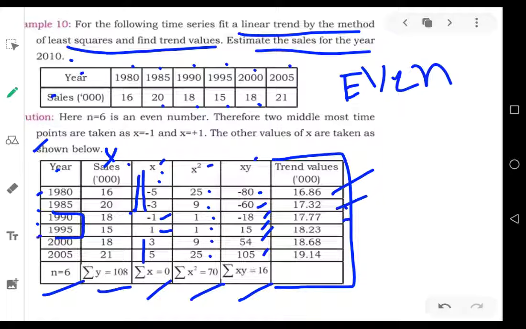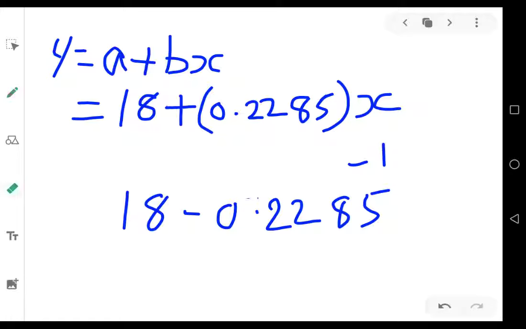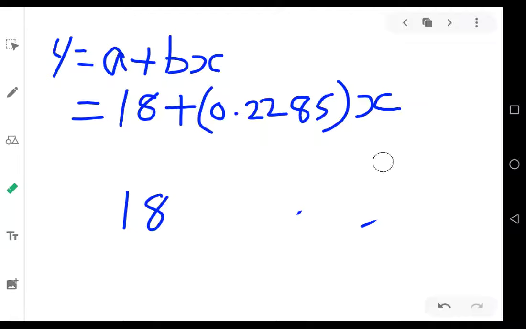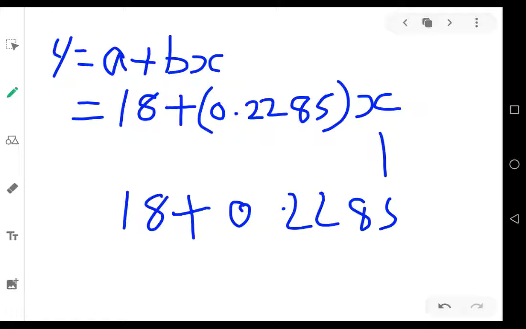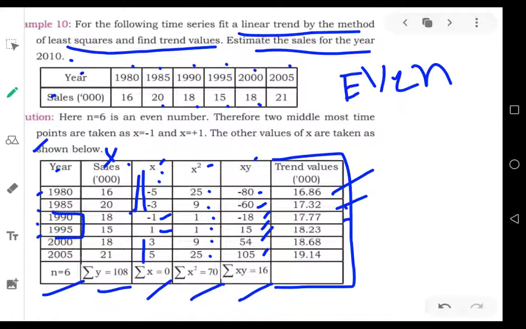Then for the year 1995, it is 1 again, but when it is not minus 1, it should be plus 1. So if x value is 1, then 0.2285 into 1, that is 18 plus 0.2285, which should be 18.2285 or 18.23 as your answer.